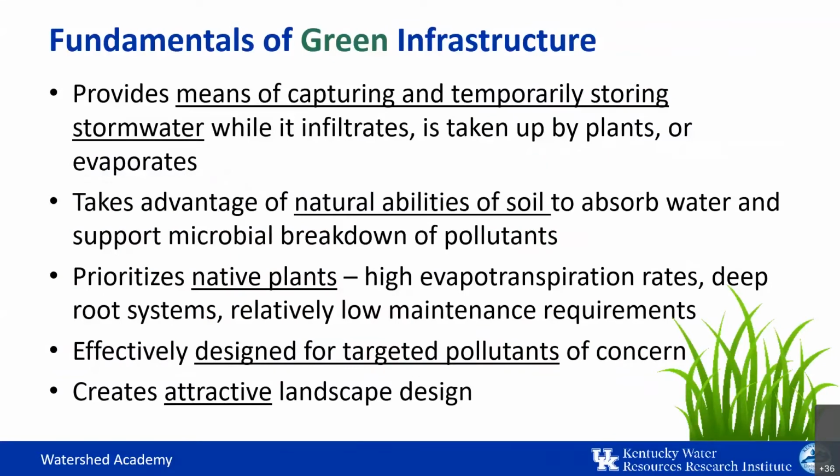And practices generally prioritize native planting since they have higher transpiration rates, deeper root systems requiring less irrigation, and relatively low maintenance requirements. And these practices can be designed for targeted pollutants of concern and also create an attractive landscape design if well maintained.